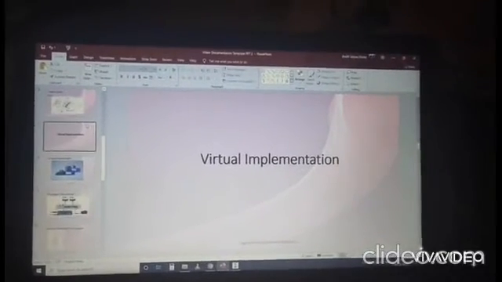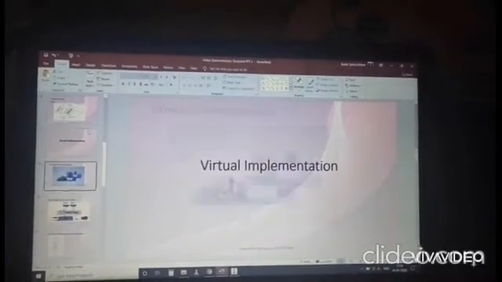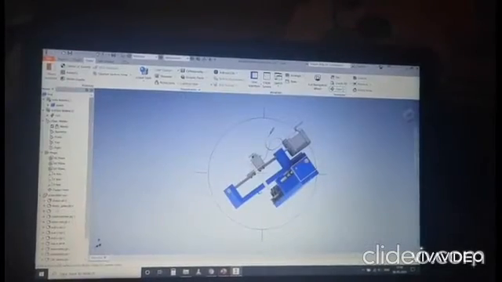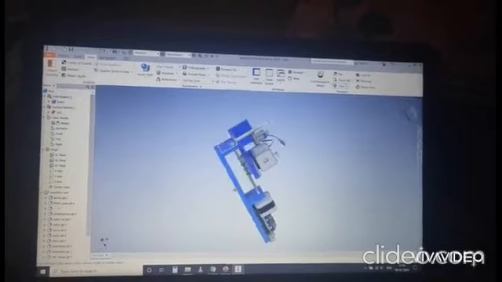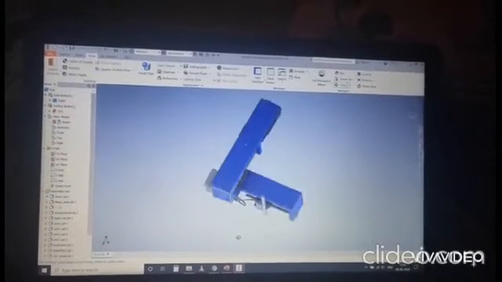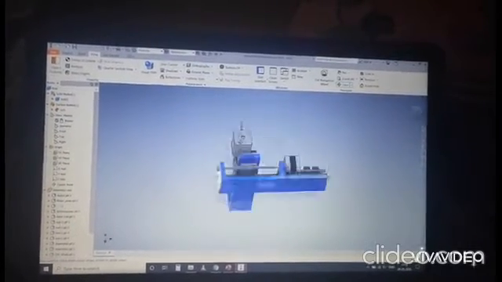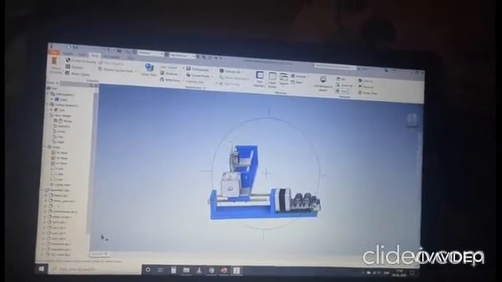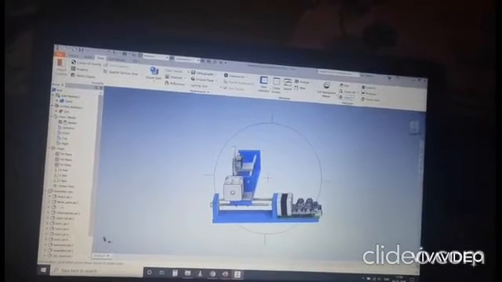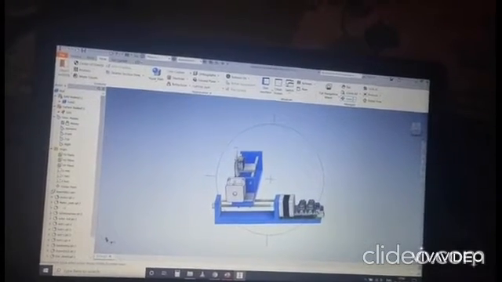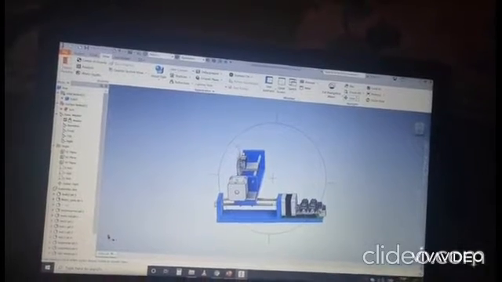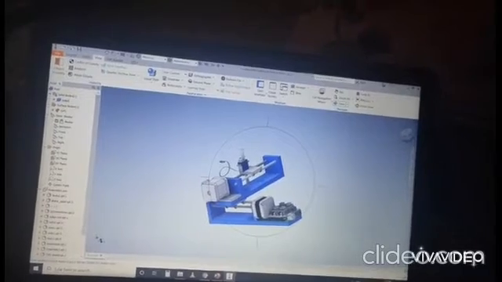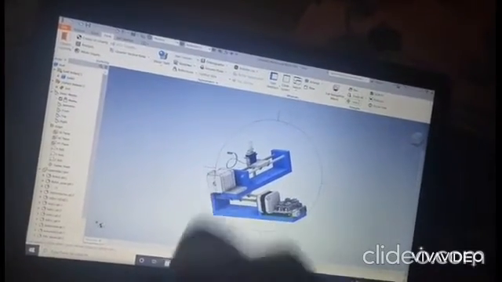Coming to our next segment, virtual implementation. Here is our 3D model of the entire system. Here there is an Arduino Mega. Above that there are 2 Easy Drivers that help us run the 2 stepper motors, the first one is here and the second one is here.